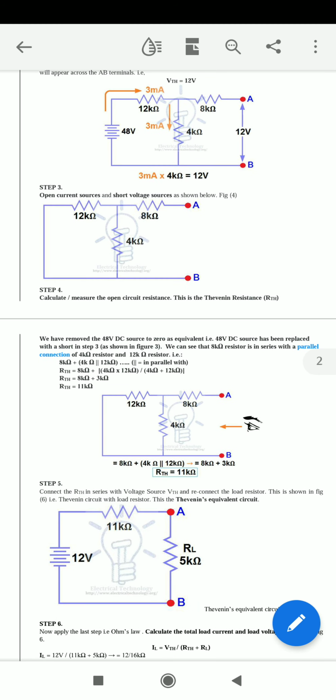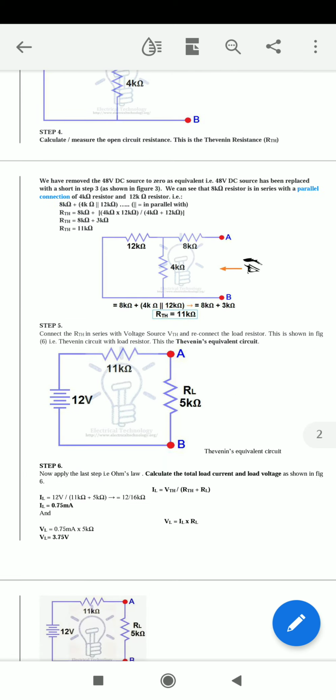Now we can measure the open circuit resistance. 8 kilo ohm in series with 4 and 12 kilo ohm resistors in parallel. So we get the Thevenin resistance equal to 11 kilo ohm. So consider these three resistors equivalent to 11 kilo ohm.